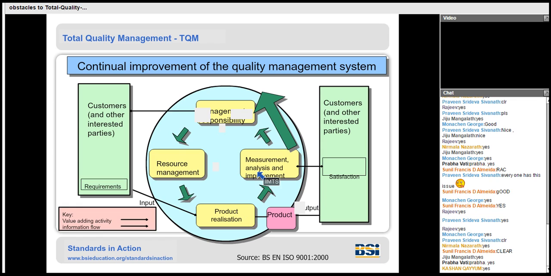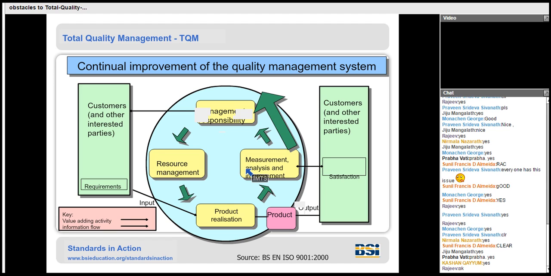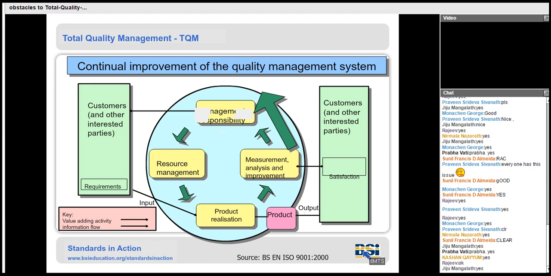And once all the necessary changes and modifications are made in the product, again the product is handed over to the customer. Unless and until he is fully and finally satisfied with the product, it will go through this particular cycle. Okay, clear? Do you all understand the diagram, what I want to say to you?